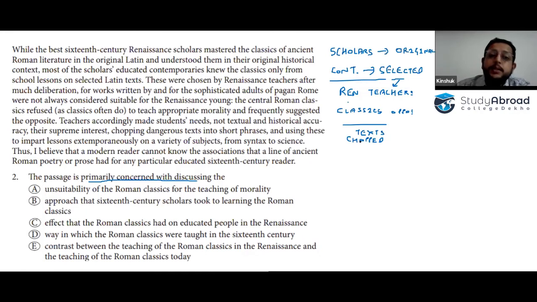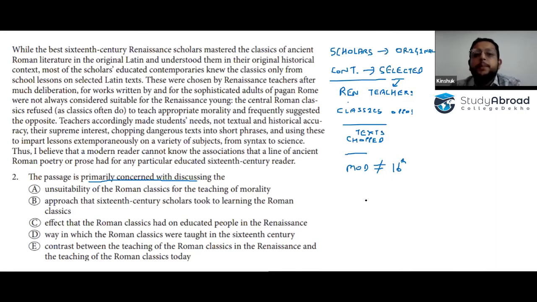So basically what is it? Finally the author is saying that there is a difference between the moderns and the 16th century readers, right? So finally he says, on this basis, because the text was chopped down and everything else, moderns cannot be associated with the ancient readers, the 16th century readers, right? So you can represent it like that.